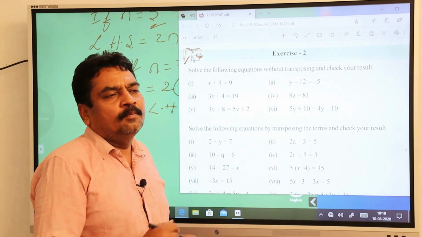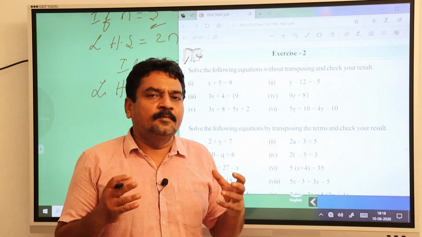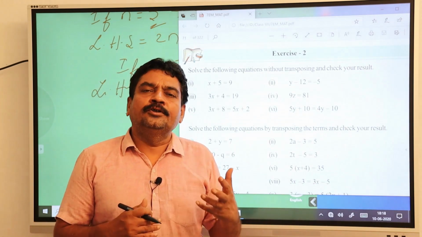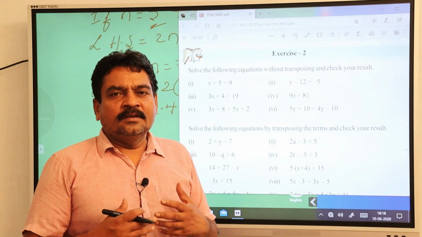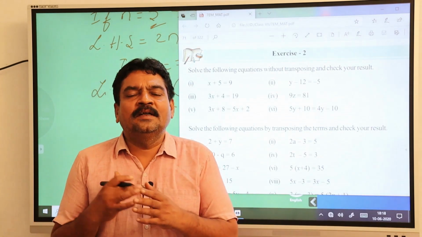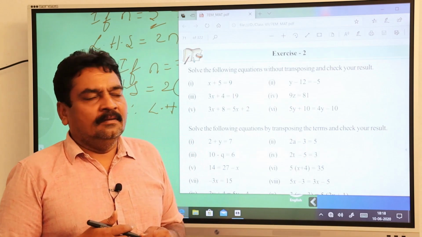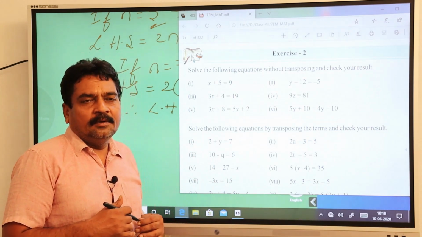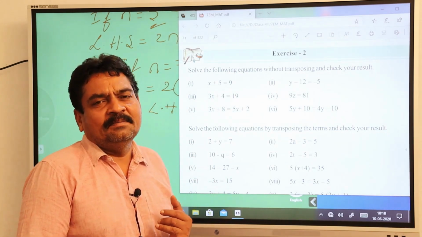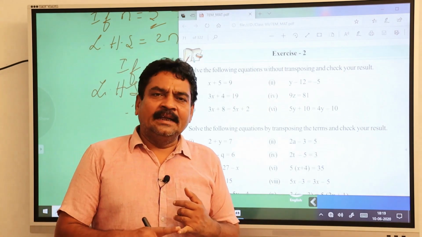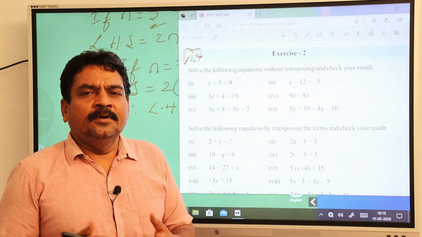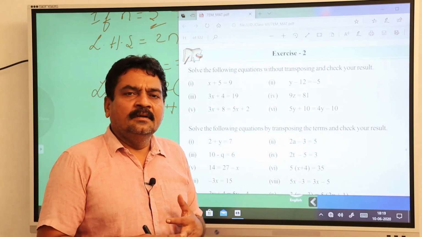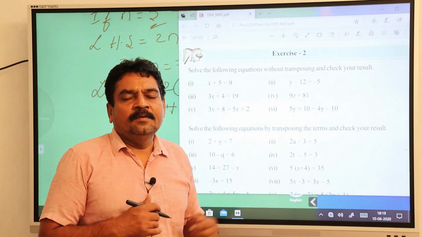Exercise 3 is very important, where you have word problems: how you are going to convert English statements into mathematical statements. That is very important, because in all competitive level exams, whether you go for banking, railway boards, or other competitive stuff, these kinds of problems are very important.